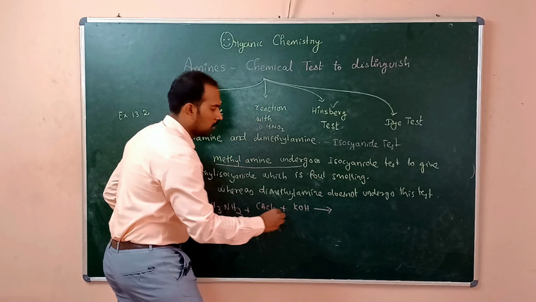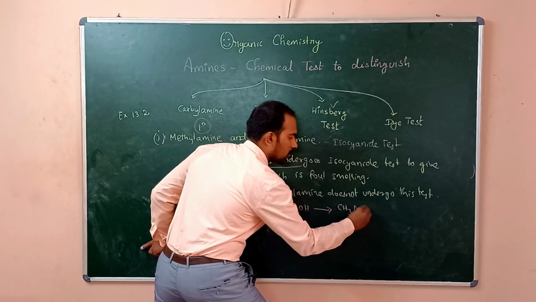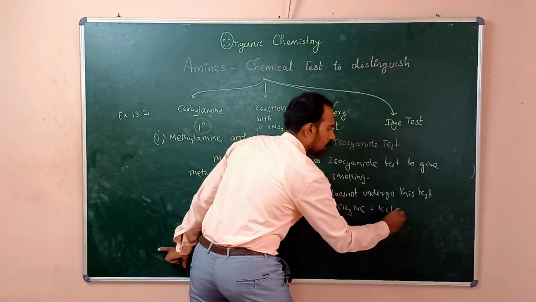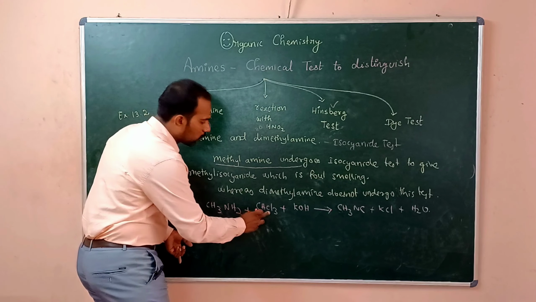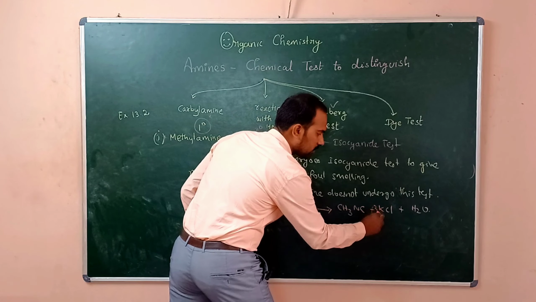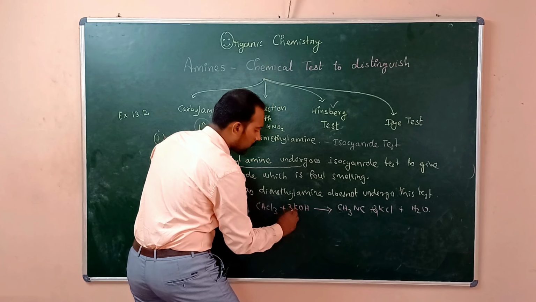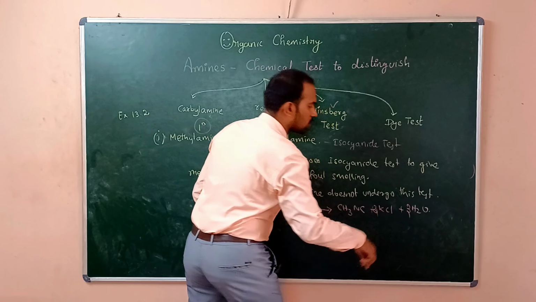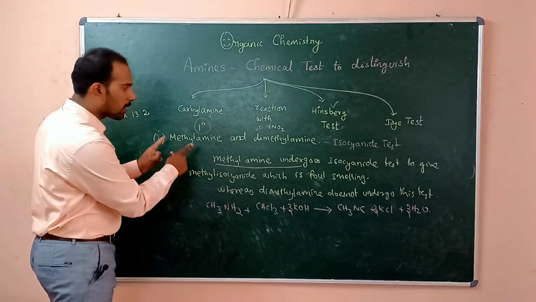It forms CH3NC plus KCl plus H2O. Okay, so மூணு chlorine இருக்கு, balance பண்ணலாம். 3 moles of KCl and 3 potassium, so 3 moles of KOH. There are 3 oxygens, so 3 moles of H2O. Okay, so this is how we have to write for a reaction.